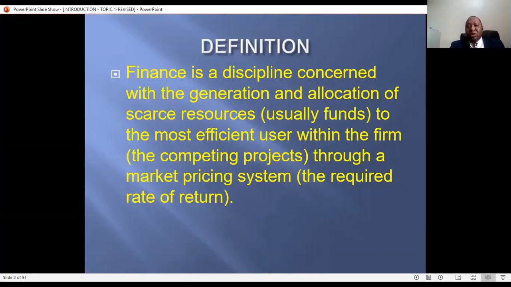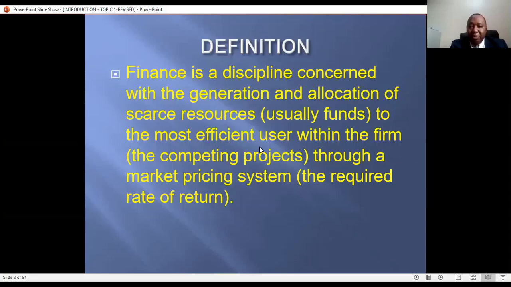The discipline concerned with the generation. When you look at generation, this one is important, underline it. Then allocation, underline allocation of scarce resources, usually funds, to the most efficient user. That is also important.